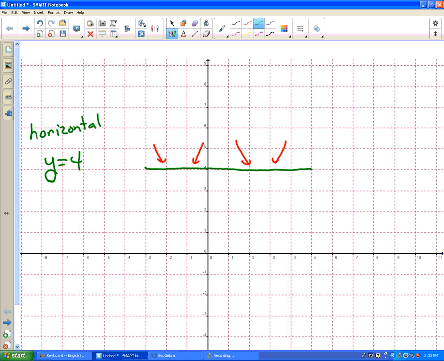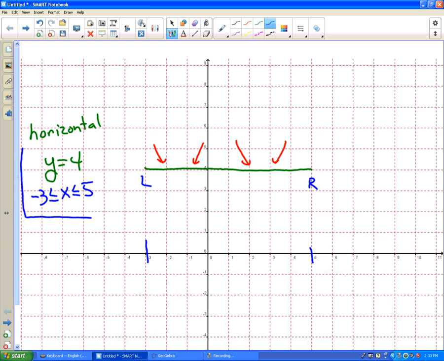Now, the domain part, we are using from here to here on the x-axis. Our far left point is above -3. Our far right point is above 5. So our domain is going to be -3 is less than or equal to x is less than or equal to 5.